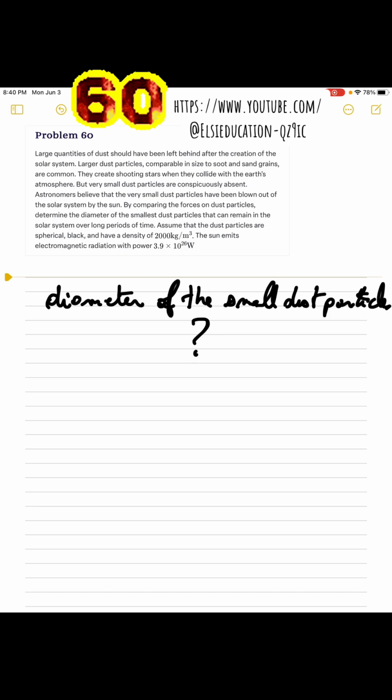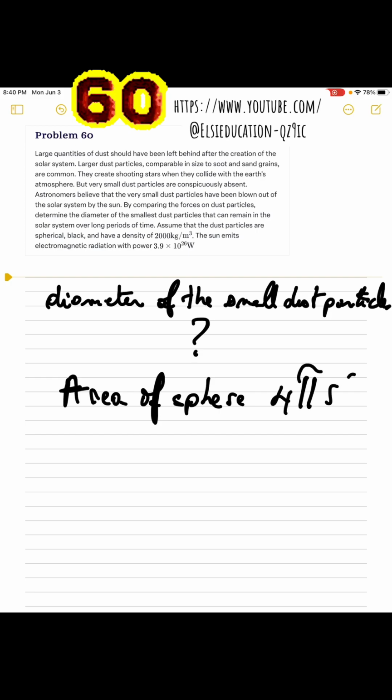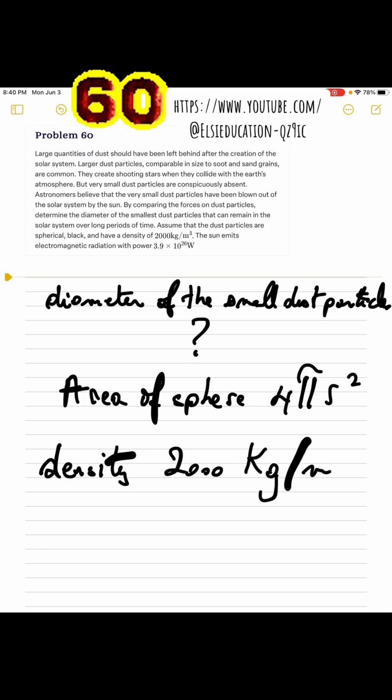So, assume that the dust particles are spherical. So the area of a sphere is 4 pi r squared. Okay? And then we have the density, which is 2000 kilograms per meter cubed.